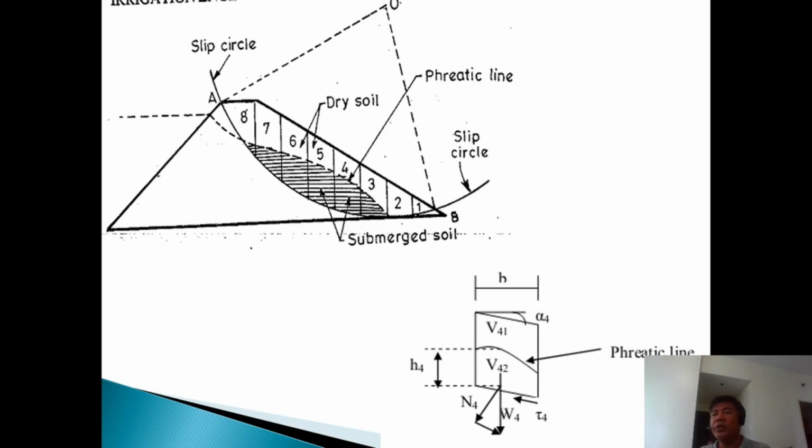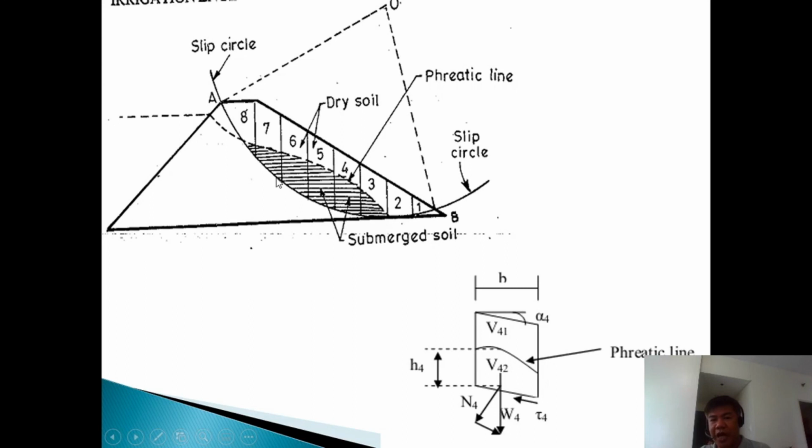You can clone the parent analysis and include the additional analysis, which is the seepage. So for example, in this case, you already order the software to draw the phreatic line. So it is already the seepage analysis.